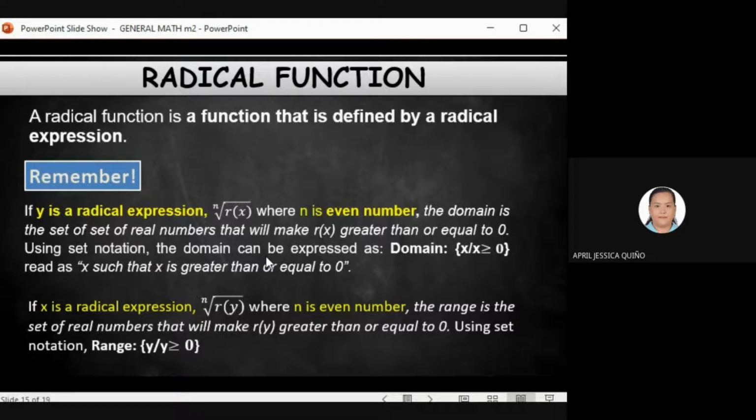Hindi pwedeng maging negative yung value ng x and y nyo kapag nasa isang radical expression sila. Always remember that it should be greater than or equal to 0.